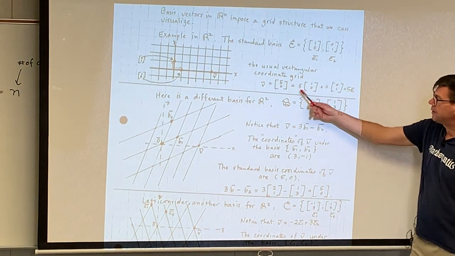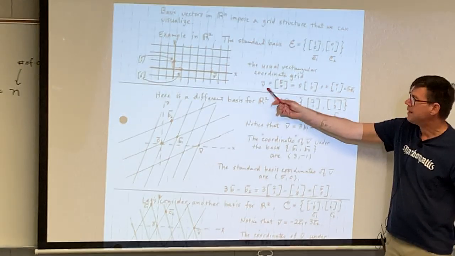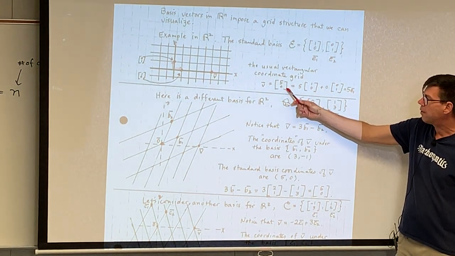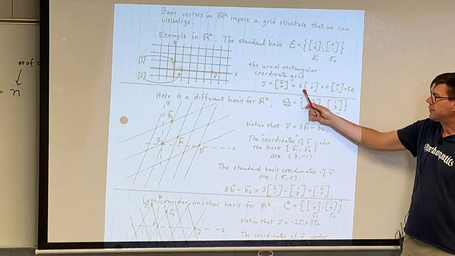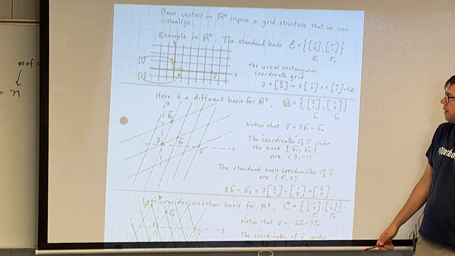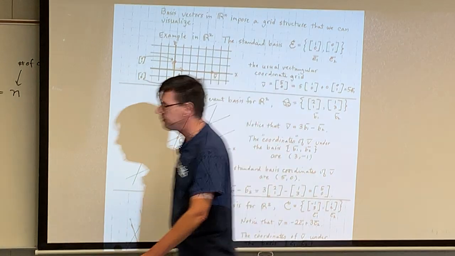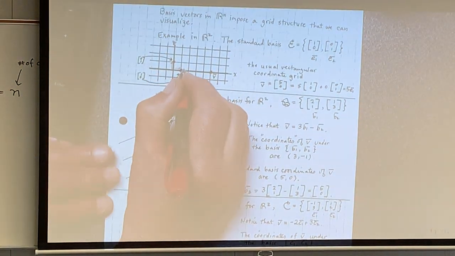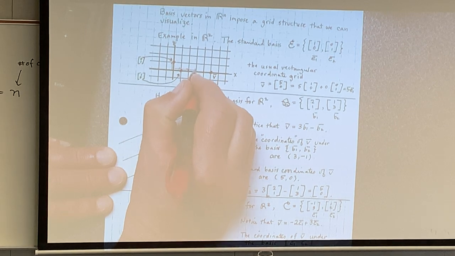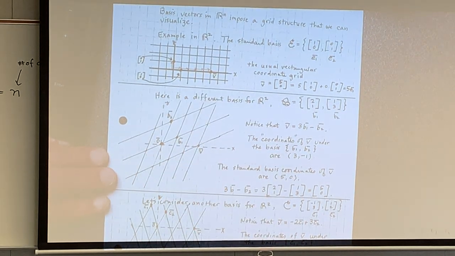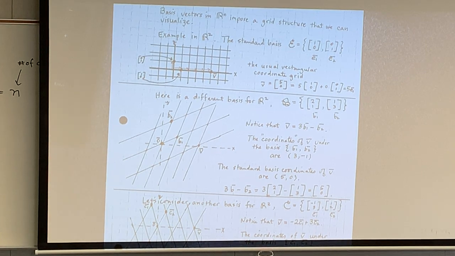Now this is a pretty simple example, but my V is (5, 0), and I want you to think about how (5, 0) is the same as 5 times the (1, 0) vector plus 0 times the (0, 1) vector, 5 times E1. With arrows, we can just say we go 1, 2, 3, 4, 5 copies of that E1 vector to give V.